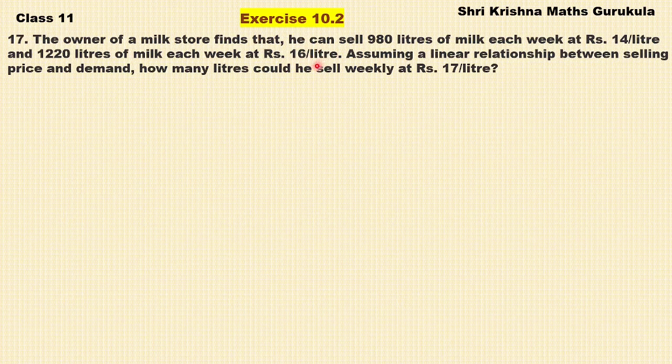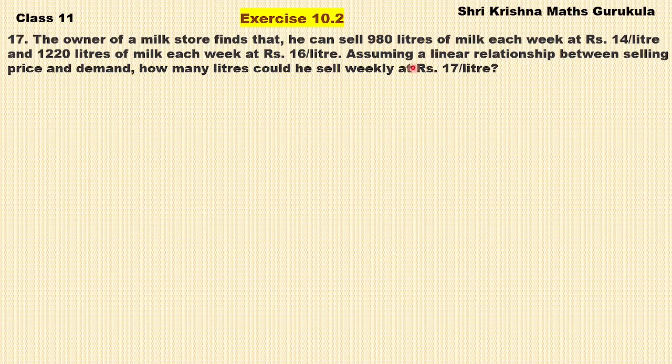By looking at this, what we can understand is, as the demand is increasing, the price of the milk per liter is also increasing. When the demand is 980 liters, the selling price is 14 rupees per liter. But when the demand has increased to 1220 liters, the selling price is 16 rupees per liter. So as the demand increases, the selling price also increases.